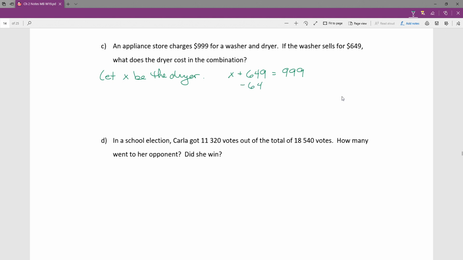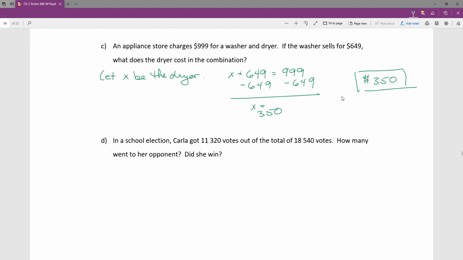I'd subtract from both sides, and I'd get what you knew all along, the cost of the dryer. So my final answer is $350. And that would do for an answer. You don't need to overcomplicate it beyond what I'm already encouraging you to overcomplicate things with.